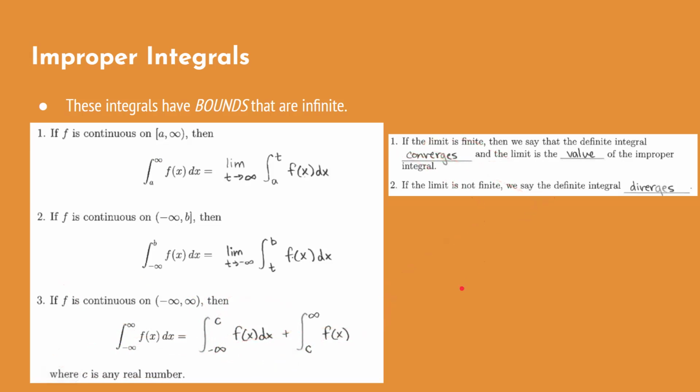Now, look over here. If the limit is finite, then we can say that the definite integral converges and the limit is the value of the improper integral. So if the answer we end up getting is a number, then it converges. That means there is an actual area under the curve. Sometimes just because the limit goes to infinity doesn't mean that the area under the curve is not calculable.